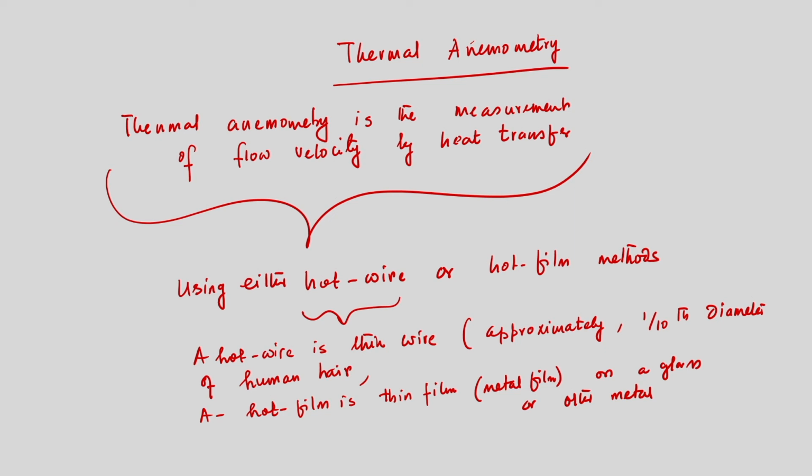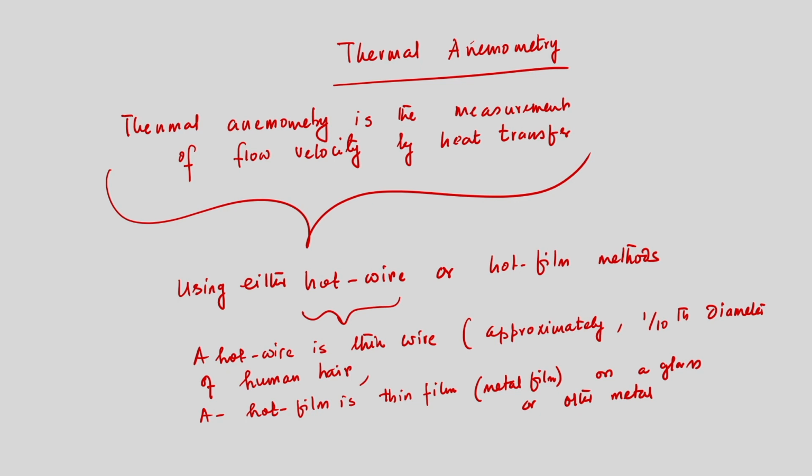At the beginning I said that in this module we are discussing flow measurement techniques, and this is the sub-module where we discuss flow measurement, but not the volumetric or mass flow rate, rather it is point velocity measurement.